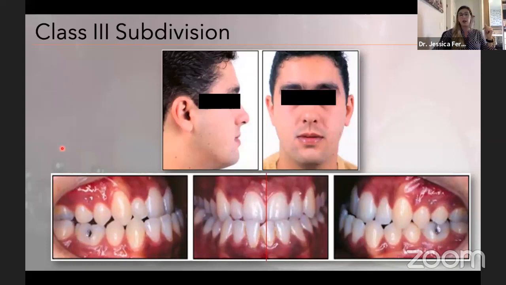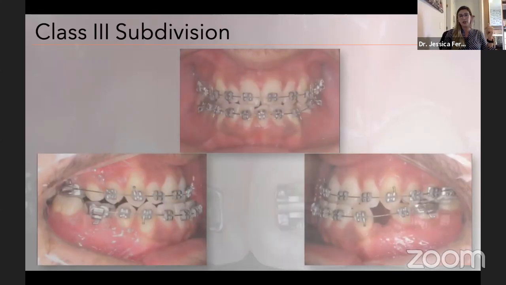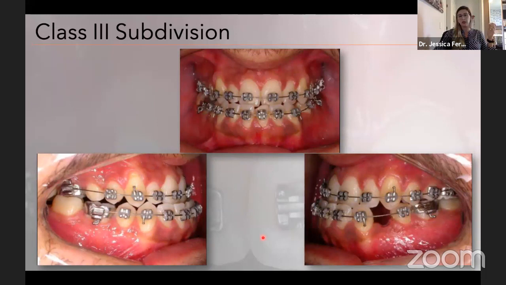And this other patient, he lost a premolar on his right side in a mandibular arch, and he also had a class 3 malocclusion and a mandibular dental midline deviation. And a good strategy was the extraction of one premolar at his other side.